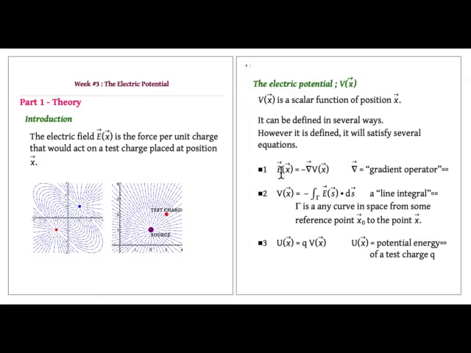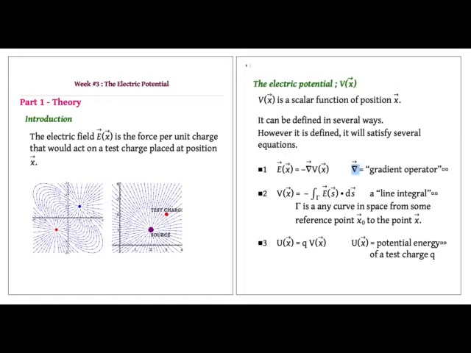First of all, we're looking for relations between electric field and electric potential. The electric field at a point x is minus the gradient of V at that point. Del, this gradient operator. You probably saw that in a calculus course. It's a derivative. It's a differential operator. It's a derivative, but it's a vector.